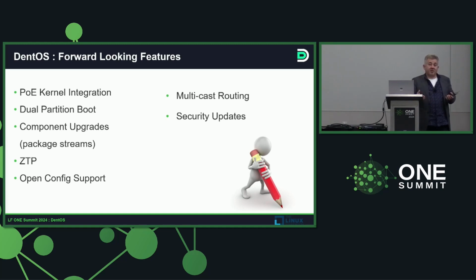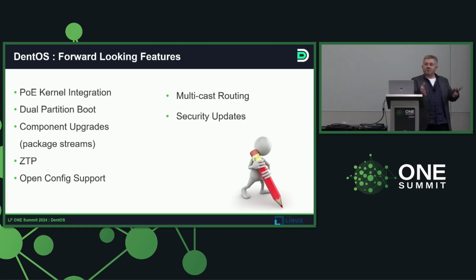Initial indication says a simple reboot is going to be able to handle all the update issues in a very short time. Component upgrades is what we're looking at right now. Just like the rest of the industry, the deployment for Dent is you get a full package, just like SONiC. Not a single customer is happy about this.